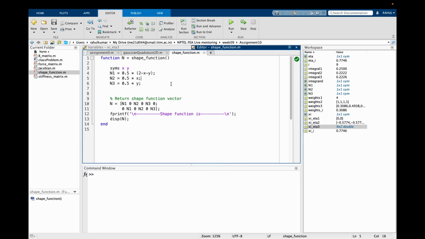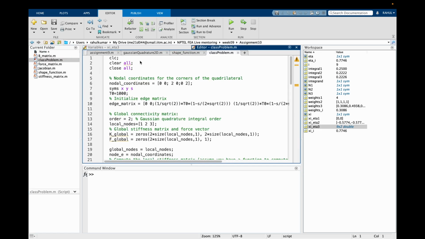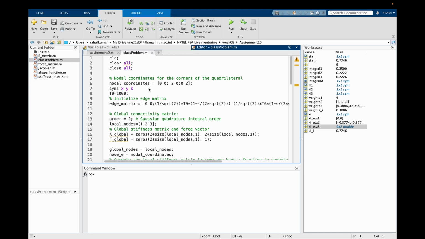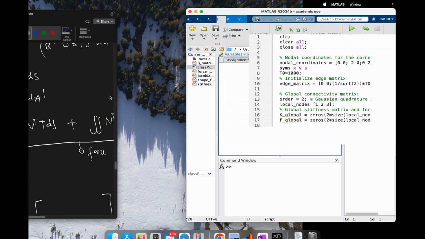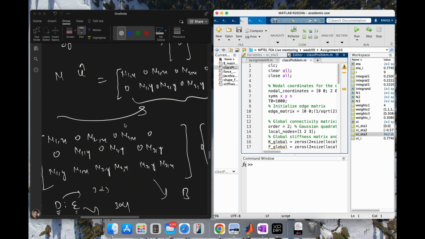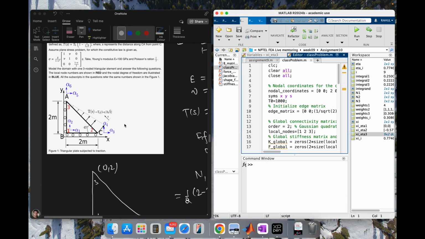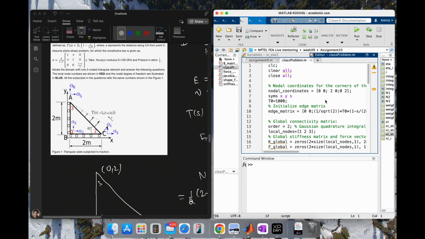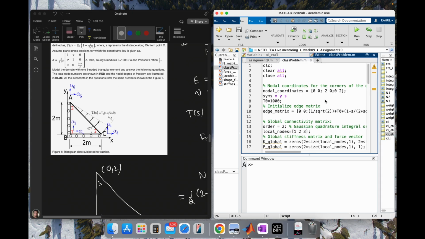So this is the problem. We can see the nodal coordinates for the triangular element: 0 0, 2 0, 0 2.